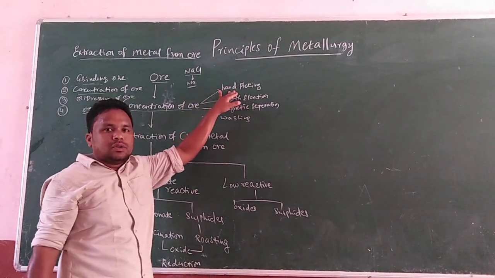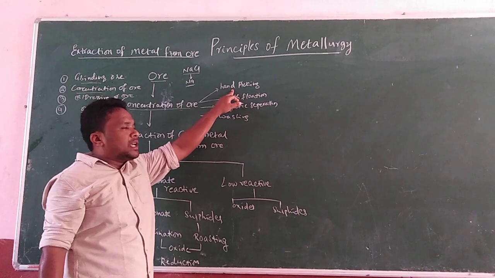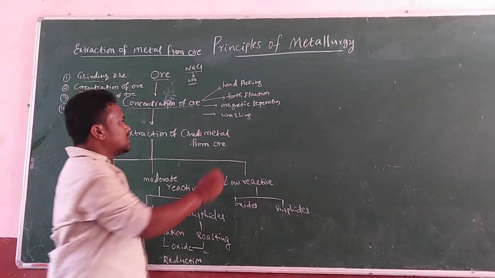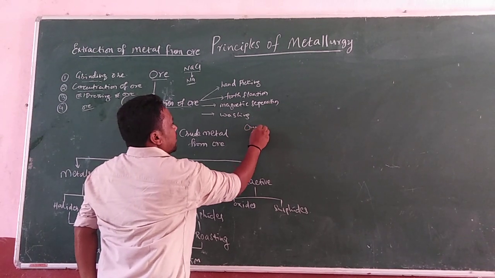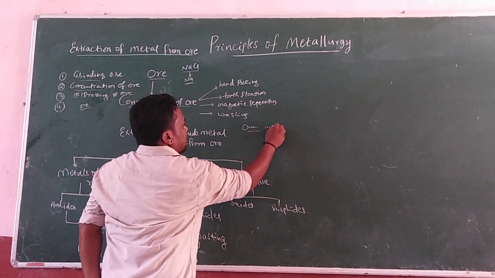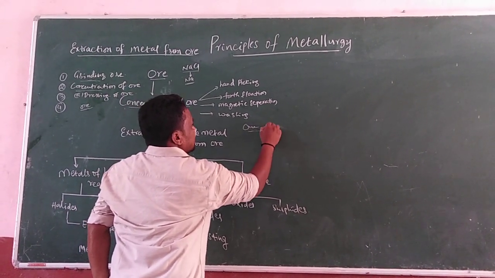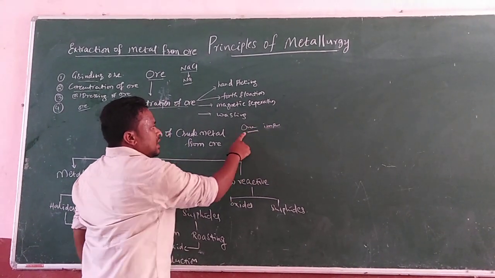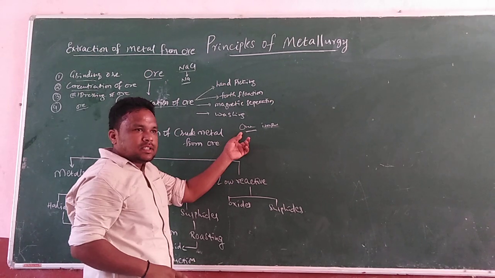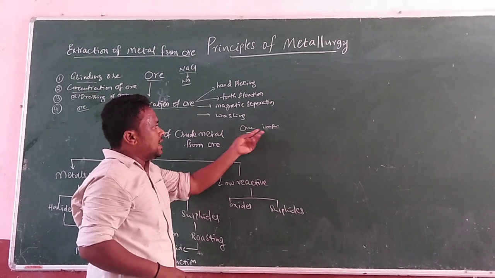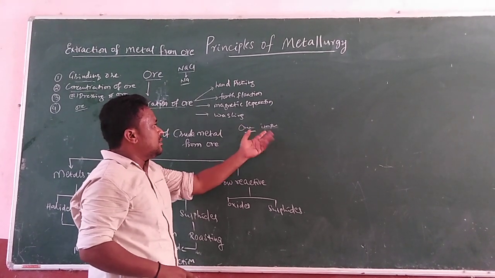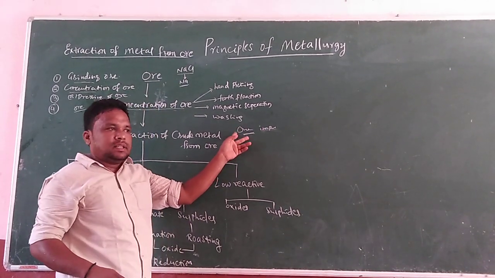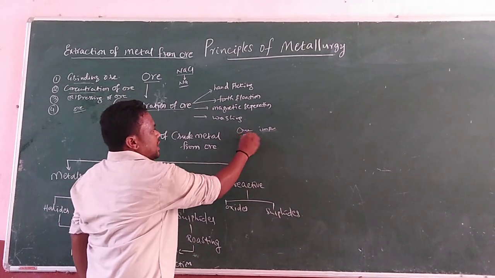Hand picking, you already know, is a type of physical method. In this method, ore particles and impurities are there. The ore may be smaller or bigger in size than the impurities, and the impurities may also be smaller or bigger than the ore particles. The color also may be different.